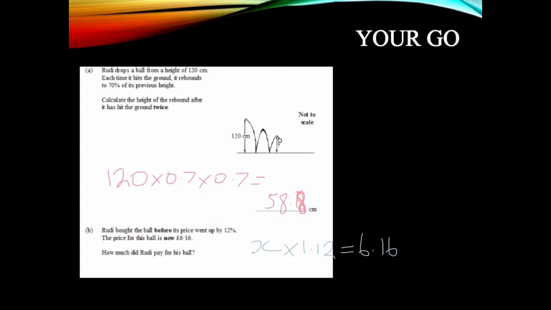So 6.16 divided by 1.12. And it tells me that the original price was £5.50. If you got both of those answers right, well done. If you didn't, just go back, check your errors, see what happened, and make sure that you understand why it's done what it's done. Okay.